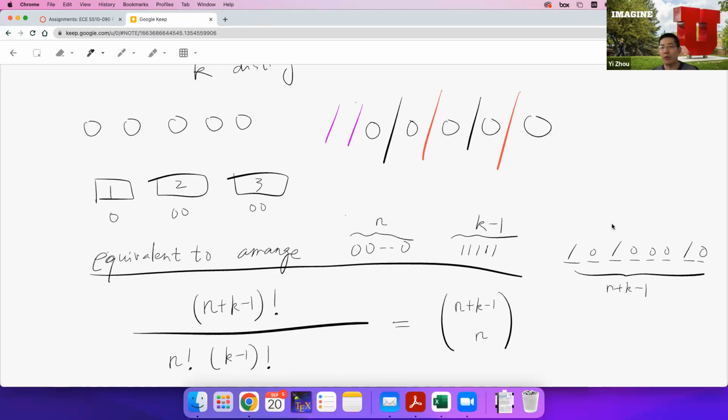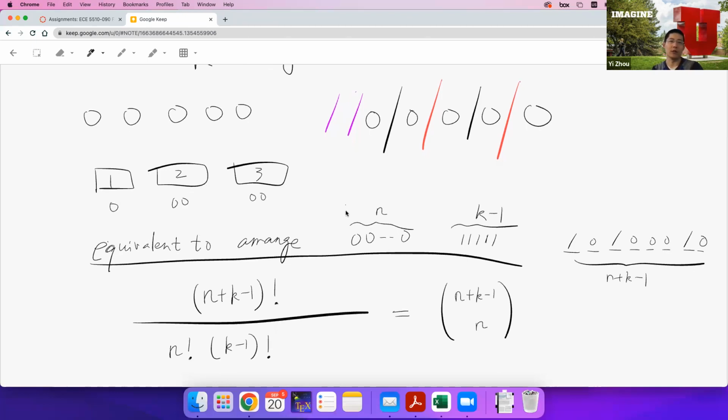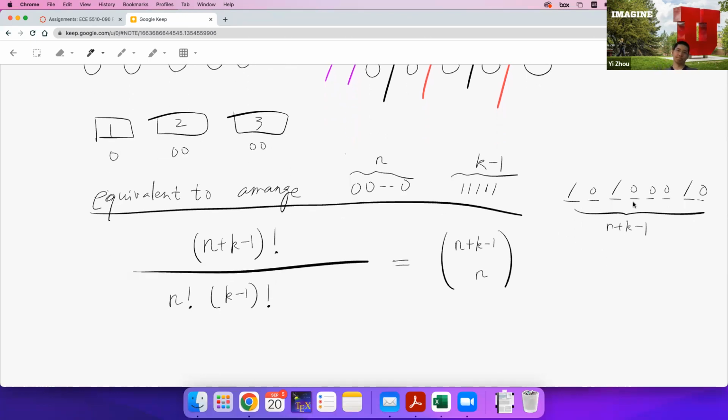We have k minus 1 separators, so these separators will divide these apples into k different chunks, and for each chunk, I will assign it to a different box. Okay, first box, second box, third box. So by using separators, this problem can be understood in a very simple way.